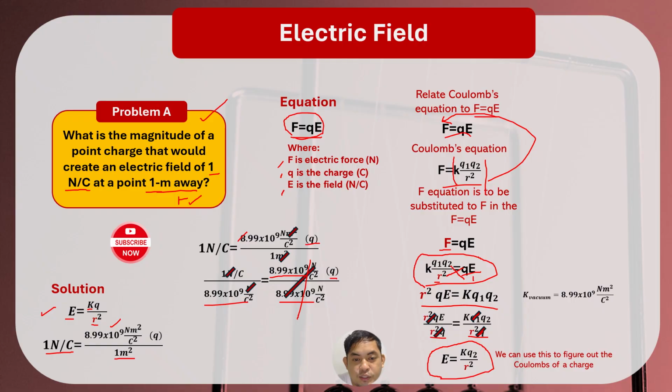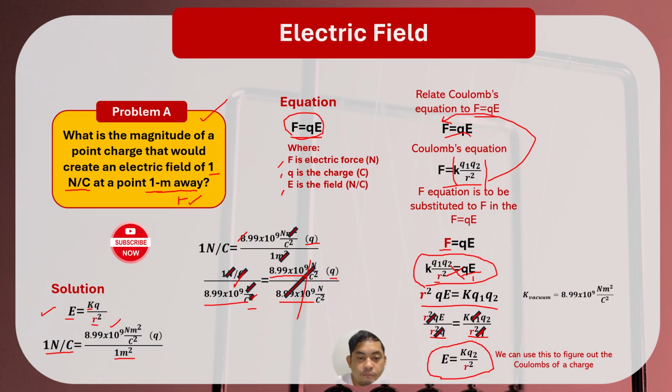And then we can cancel the unit newtons on the other side. Then the 1 coulomb also, we can cancel the 1 coulomb. We have coulomb squared here, and then we can cancel out coulombs in the numerator and 1 coulomb in the denominator.